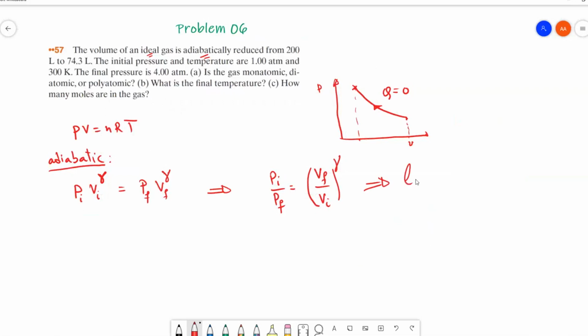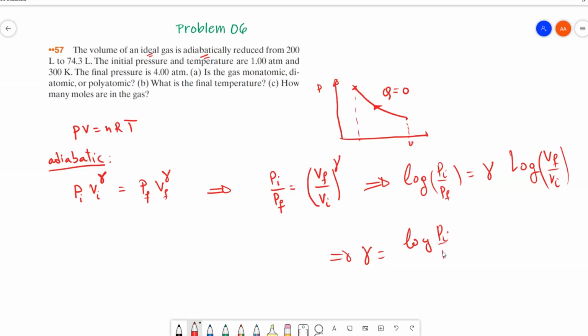So log of P_i over P_f is equal to, by the properties of the log, gamma log of V_final over V_initial. Here I can get gamma. So it's log P_i over P_f, over log V_f over V_i. I need to be careful.